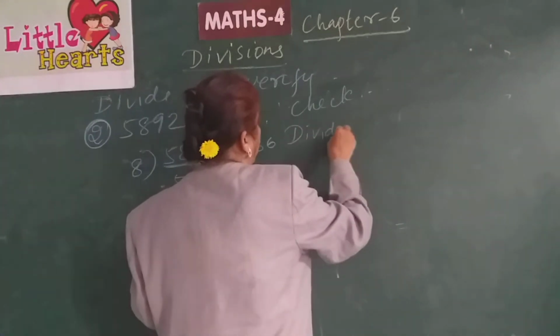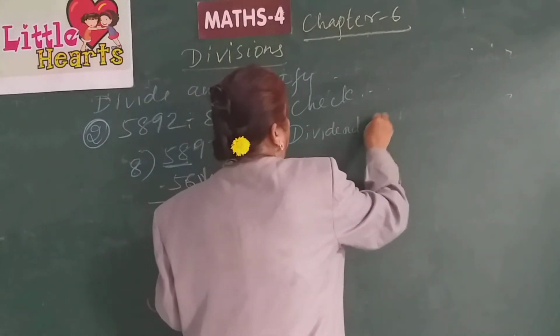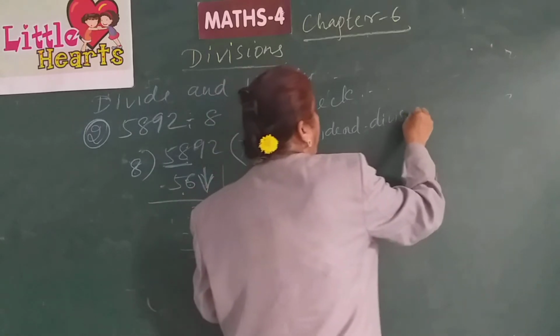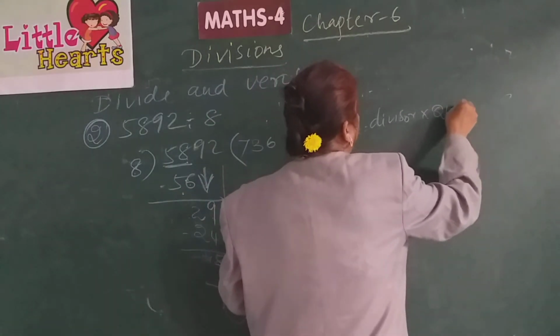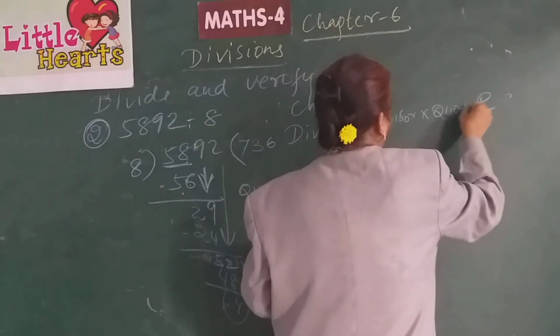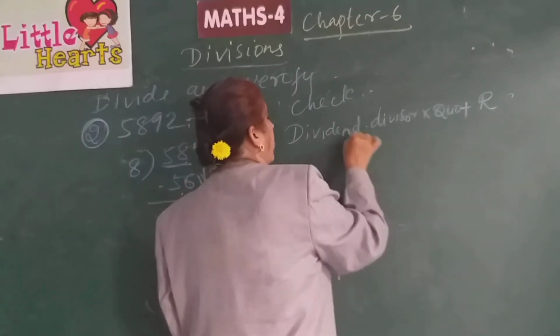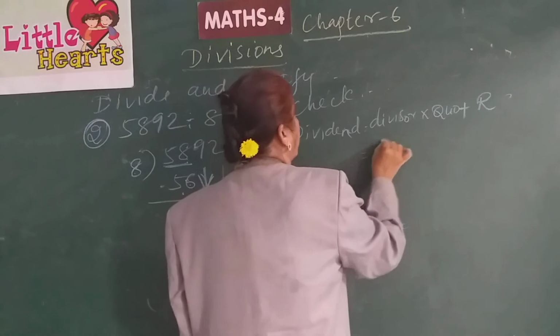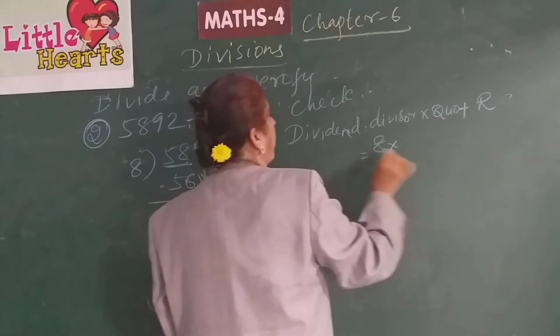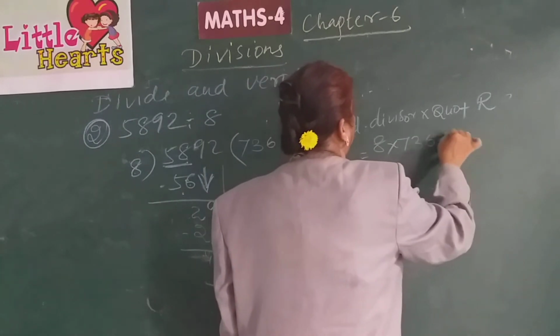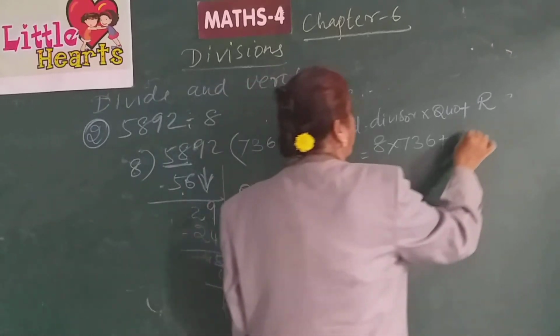Dividend equals divisor into quotient plus remainder. This is the formula you need to follow for checking. Divisor is 8, quotient is 736, remainder is 4.